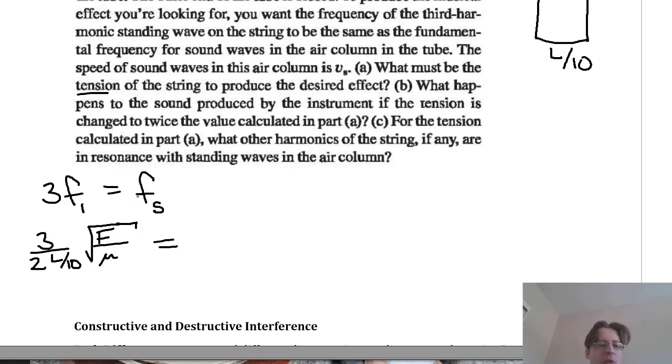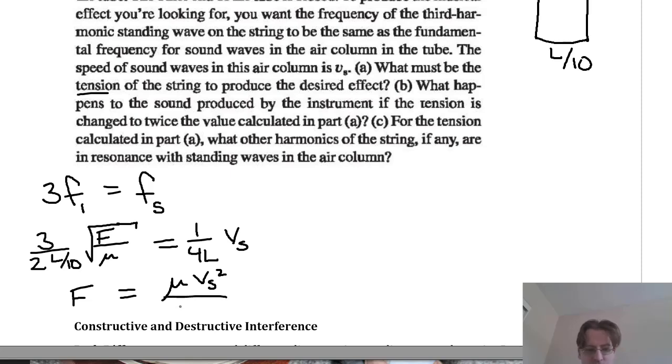And that must be equal to the fundamental frequency in the tube, which is 1 over 4L multiplied by the speed of sound, Vs. So from this, I can solve for F. Basically square both sides and solve for that tension. It comes out to be mu times the speed of sound squared divided by a factor of 3600. And that's just algebra solving for the tension.